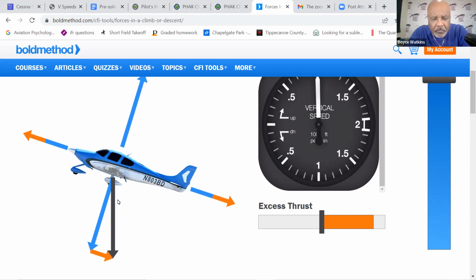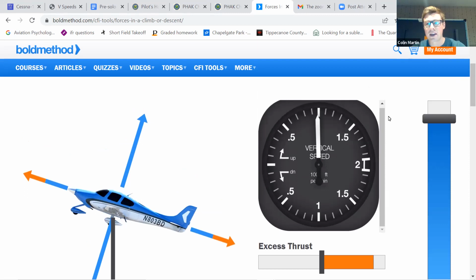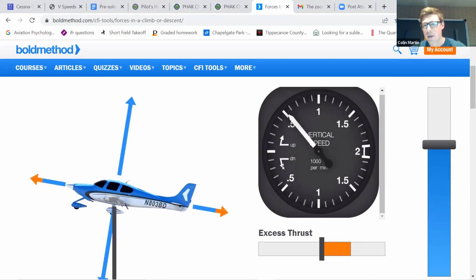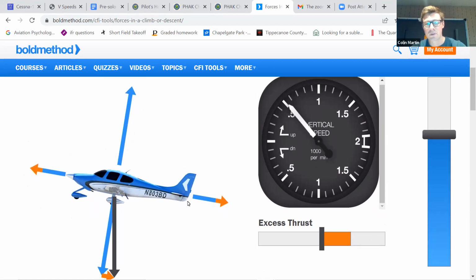You can get a visualization of how that weight acts rearward. So when we're in a climb, we're fighting drag and a little bit of our weight. And that's why we need that extra power. That's why we want full power, so we can get as much thrust out of the engine and hold a nice airspeed for our climbs.